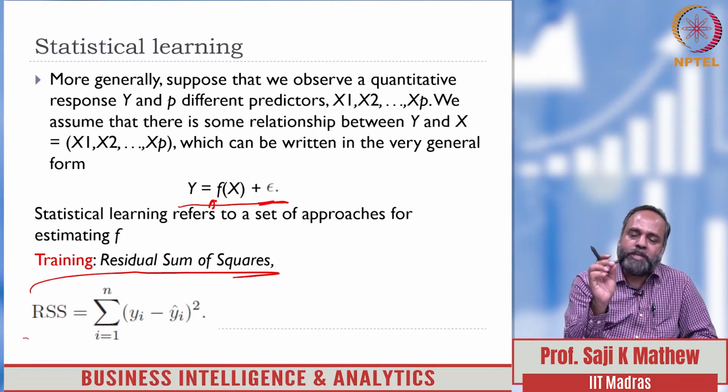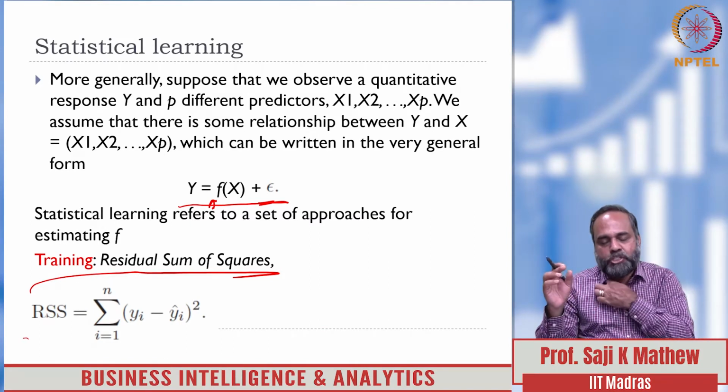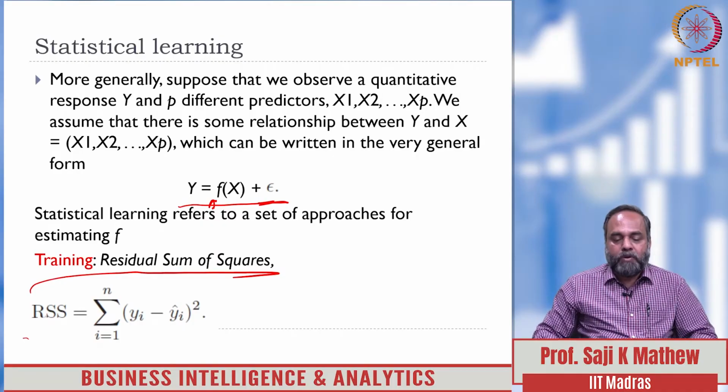So those points which are not falling on the model are residuals, and you square them and sum them up. Absolute sums may be misleading, so you square them, and they also have mathematical properties when you do estimation, particularly through minimization. So squared sum of errors are used, and that is about model estimation or model building.